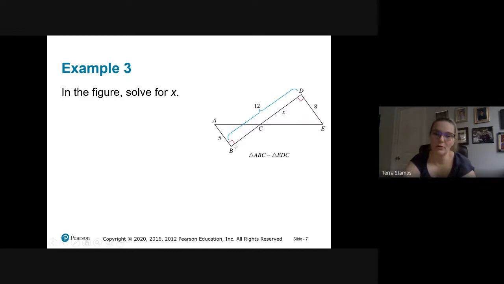So what do we know? Well, we know that 5 over this length, we don't know what it is. That ratio of 5 divided by this base length is the same as 8 divided by x.